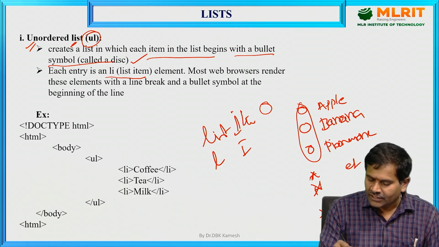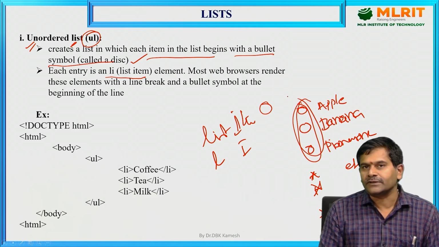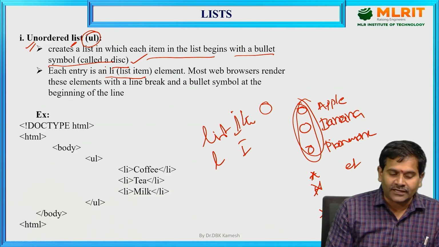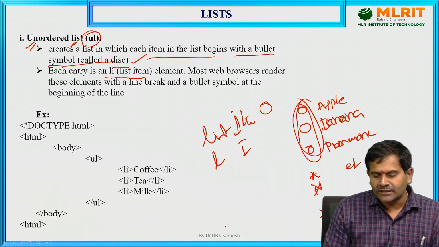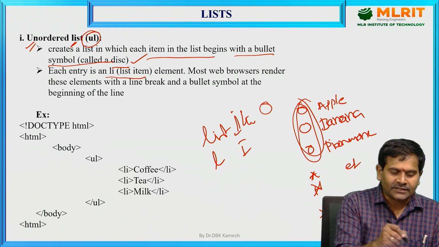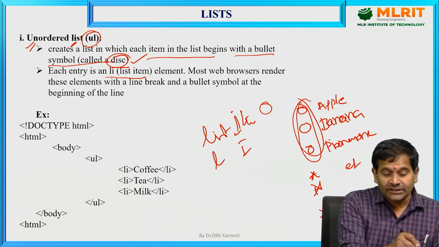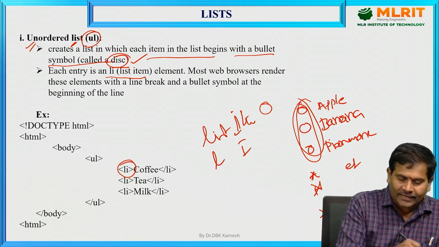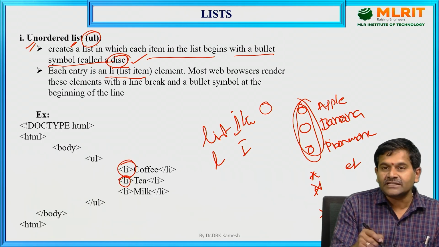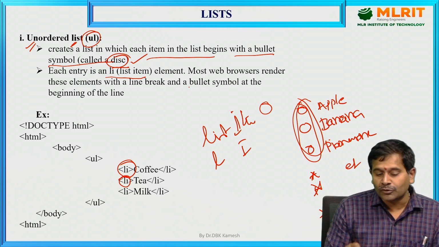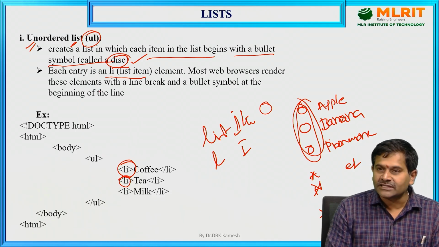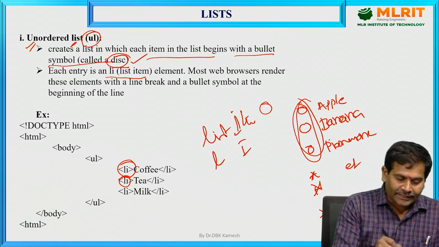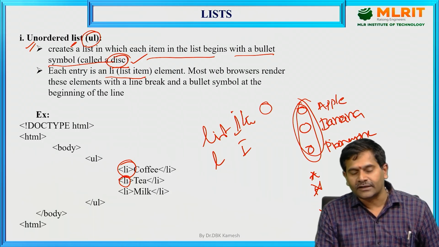So we create a list where each item begins with that bullet symbol, called a disk. Each entry is an LI, a list item. Most web browsers render these elements with a line break and bullet symbol at the beginning of the line. That is the unordered list.